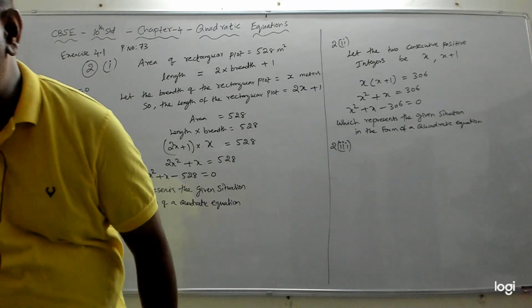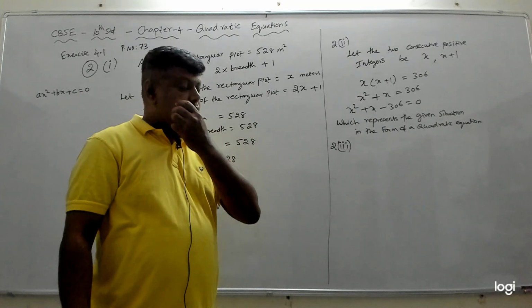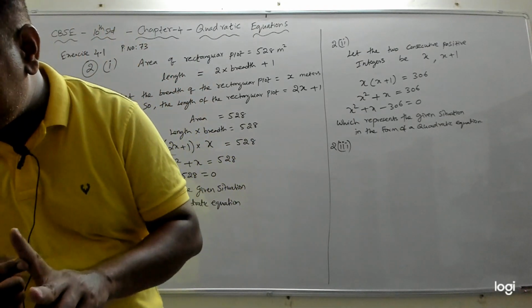So again, whenever an age problem comes, the first thing we should do is see how many people are there in that problem. There are two people. One is Rohan, the other one is his mother.